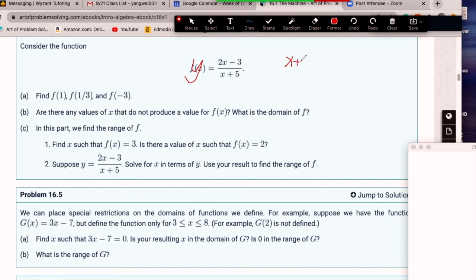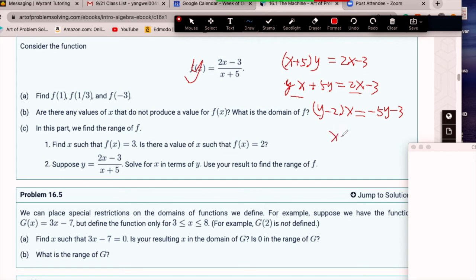You get (x plus 5) times y equals 2x minus 3. Then you expand this, you get yx plus 5y equals 2x minus 3. Now let's merge the terms with x. Both sides minus 2x, you get (y minus 2) times x. Then both sides minus 5y, you get negative 5y minus 3. Then both sides divided by y minus 2.